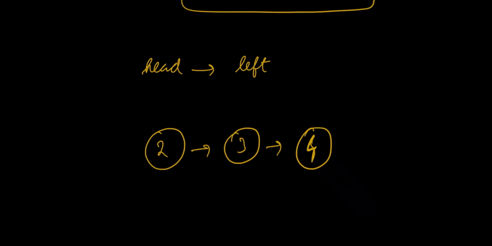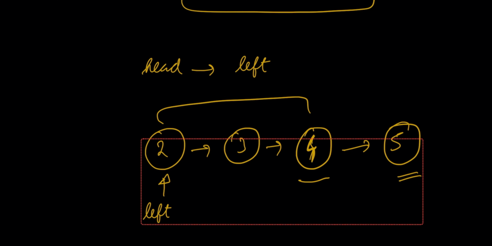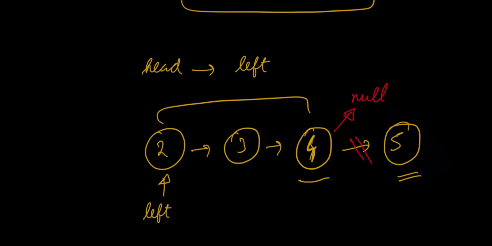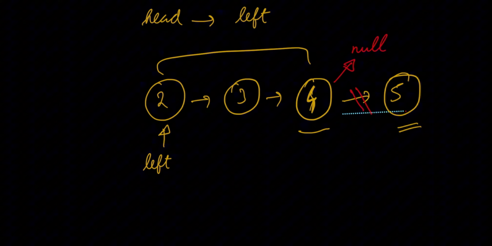If I am going to iterate over this linked list, currently the end of this linked list is at 4, but 4 dot next is pointing to 5. So we need to modify this 4 dot next to null, and before we update that we need to store the reference to this node 5.